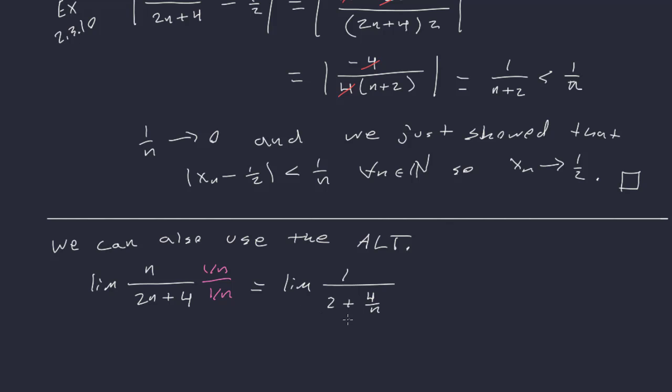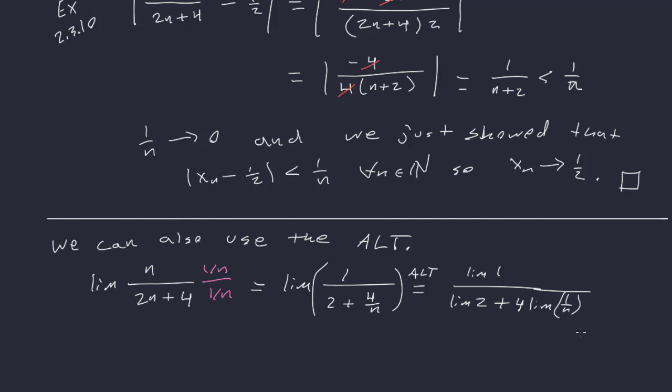And now we can use the algebraic limit theorem, because here's where the algebraic limit theorems come in. The limit of this whole thing will be the limit of 1 over the limit of 2 plus 4 times the limit of 1 over n.